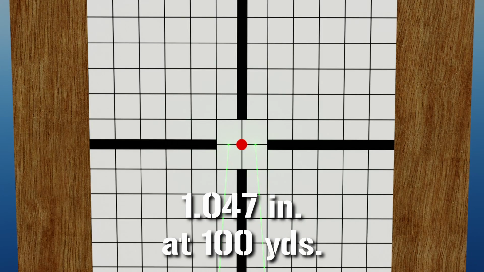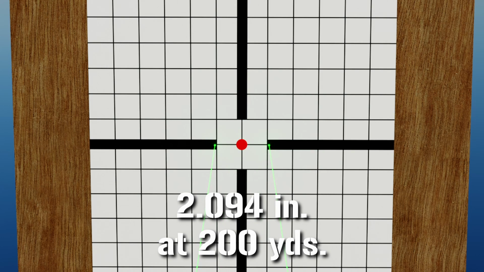But did you catch what happened here? Our MOA value of 1 didn't change as the target was moved from 100 to 200 yards. And the lasers still had that same 1/60th of 1 degree angle between them at their origin. But that same MOA value translated to different distances as the range to the target increased.